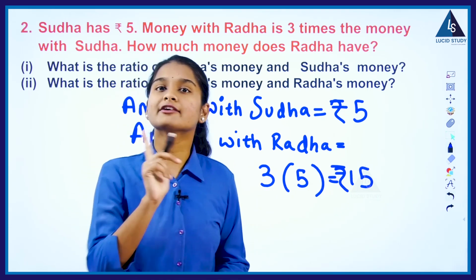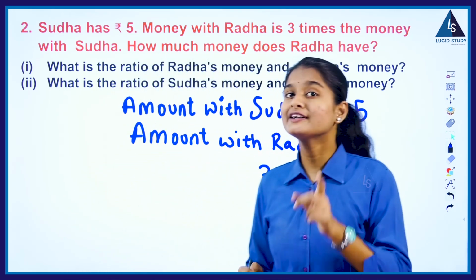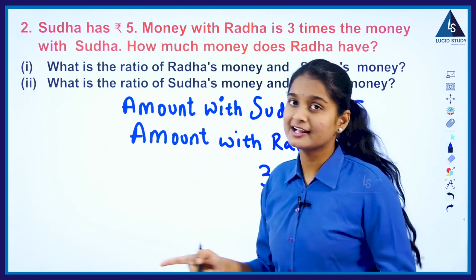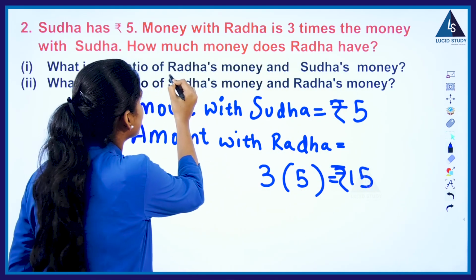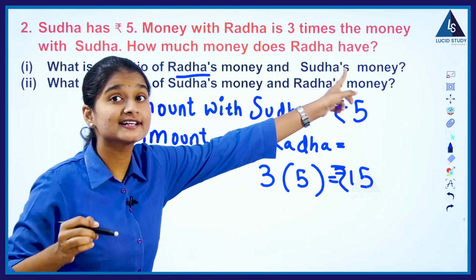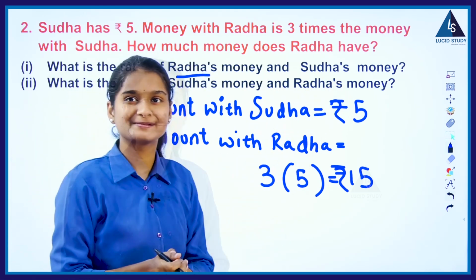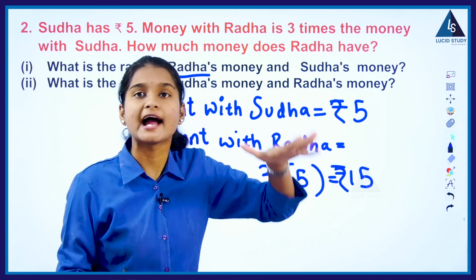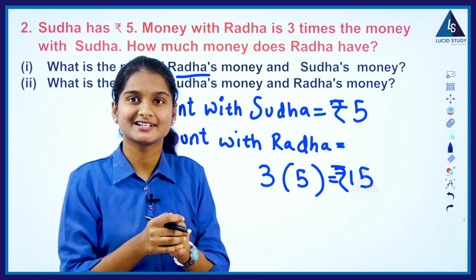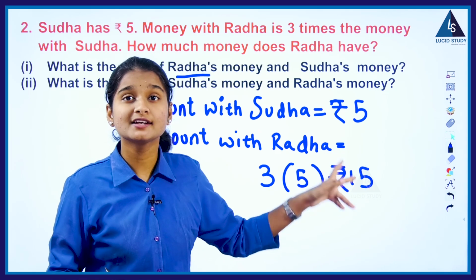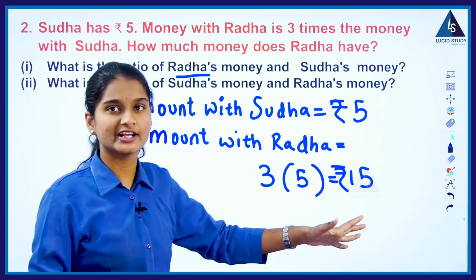And here is the first question. What is the ratio of Radha's money and Sudha's money? First, we have Radha's money and next we have Sudha's money. Therefore, Radha's money is the antecedent and Sudha's money is the consequent. What is Radha's money? Radha's money is 15.